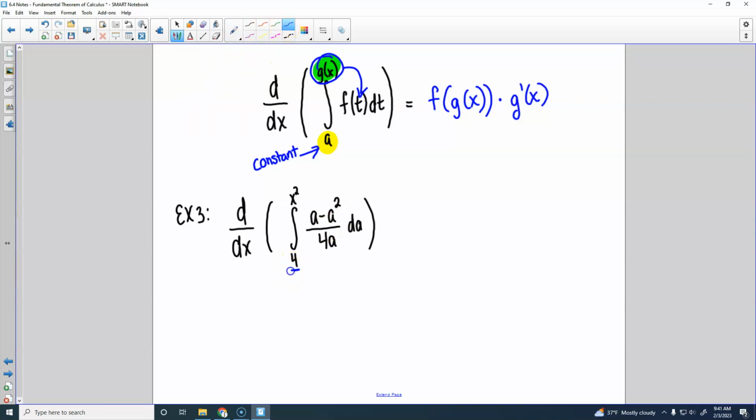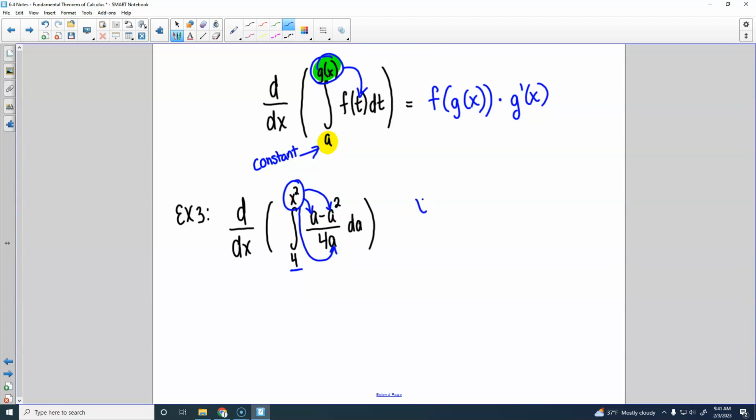We have got a constant as our term. We are going to have to take x squared and plug it in for the variable that we are integrating with respect to, which is our a. So that x squared is going to go everywhere that we have an a.